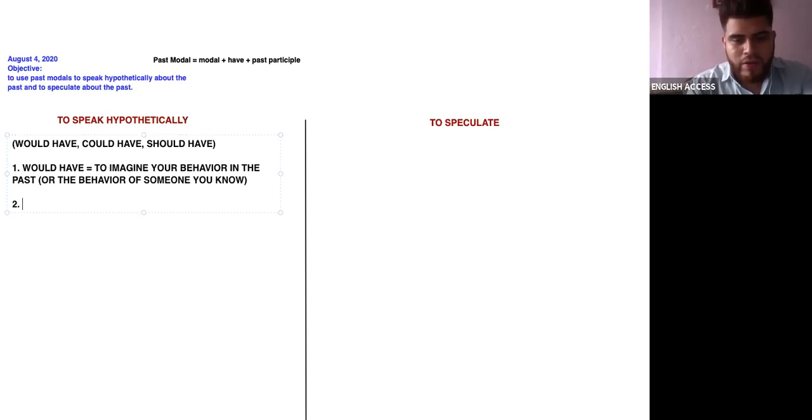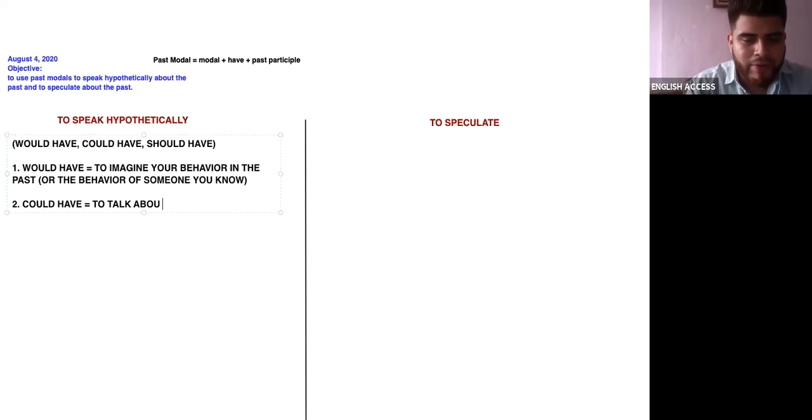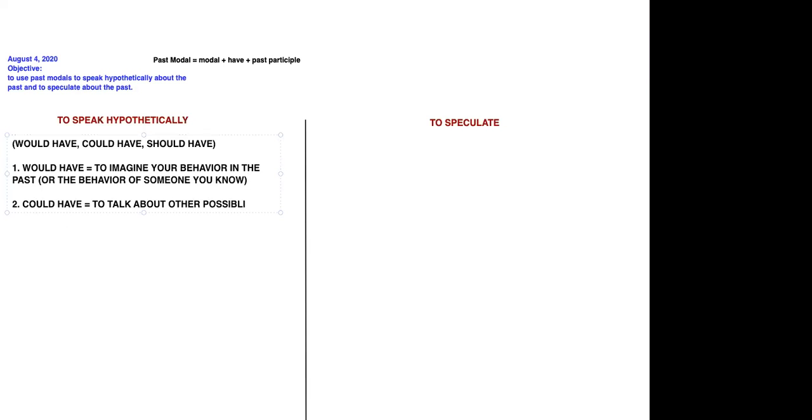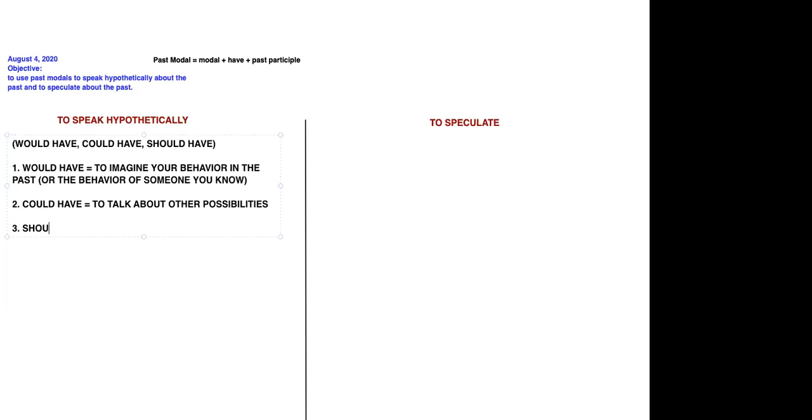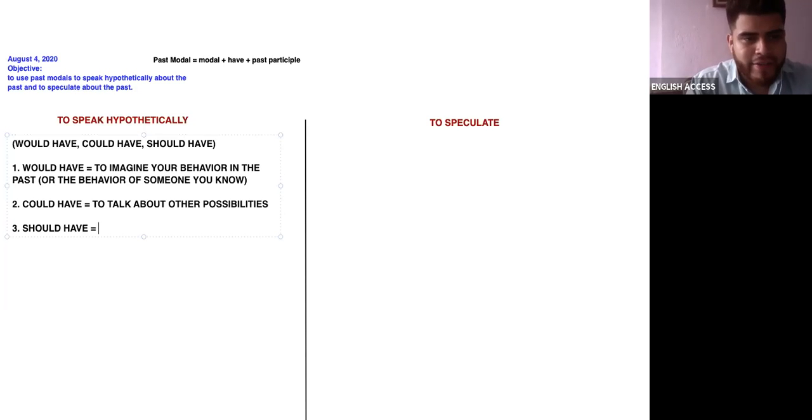Number two, could have is to talk about other possibilities. And three, should have is to talk about the correct thing.